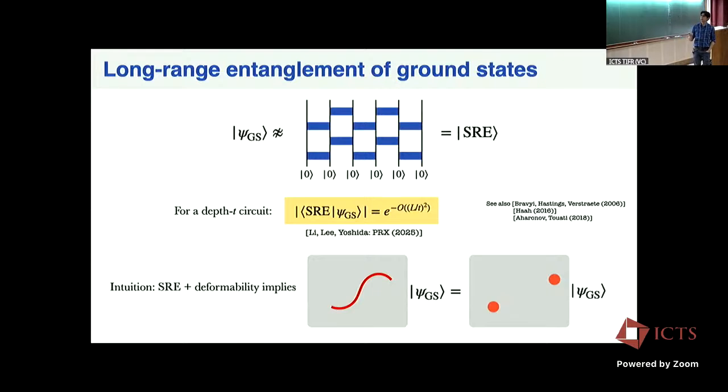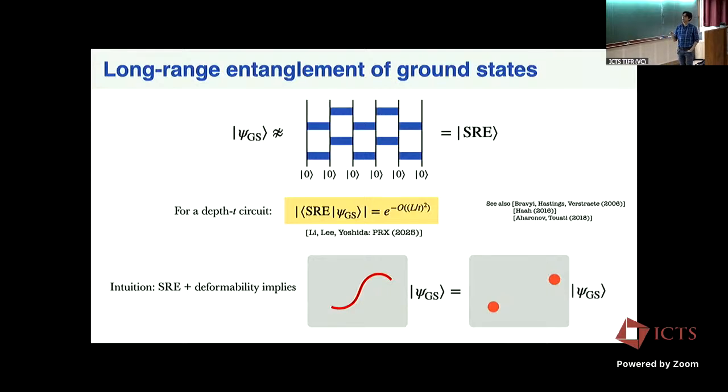And there's a nice picture of how the argument goes that leads to this proof, which is the following. Imagine applying an operator that creates a pair of anyons on top of the ground state, some open line. And we know that this line is deformable. It's only the endpoints that matter, the rest of the line doesn't matter. Any two lines with the same endpoints create the same excitation.